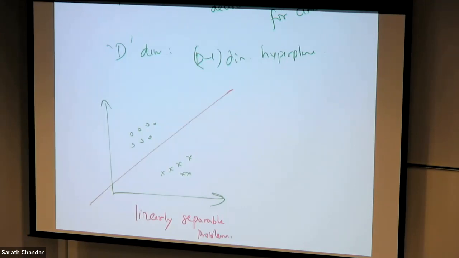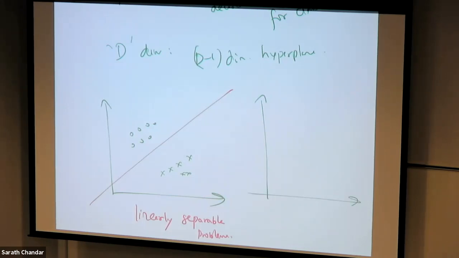These are easy problems to solve because you only need a linear model. Most real-life problems are not going to be in this category. They are going to be in the second category, non-linearly separable problems.